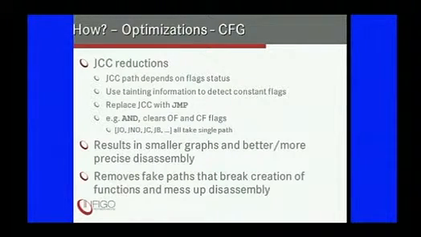For example, AND always clears the overflow and carry flag, so all the conditional jumps like jump overflow, jump not overflow, jump carry, and so on, always take a single path. So you can prune the other one and just substitute the conditional jump with a regular jump.